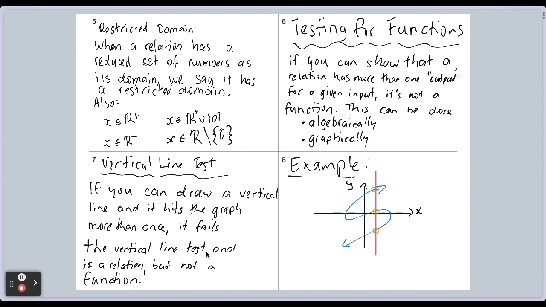Therefore, it fails the vertical line test. It doesn't mean it's not a relation. It's still a relation, but not a function. Sorry about the writing there.